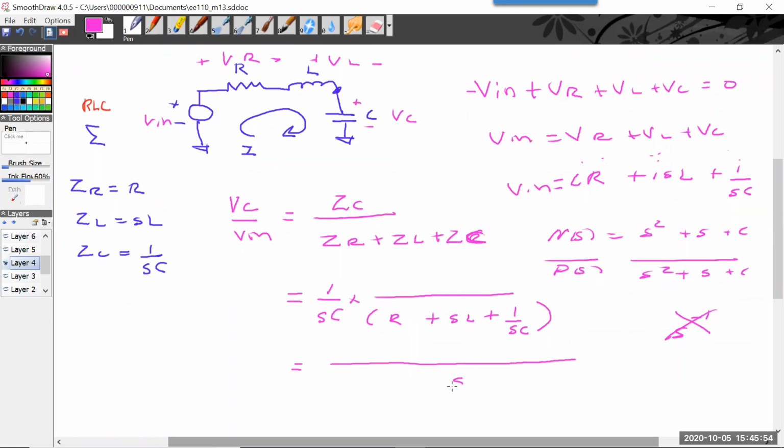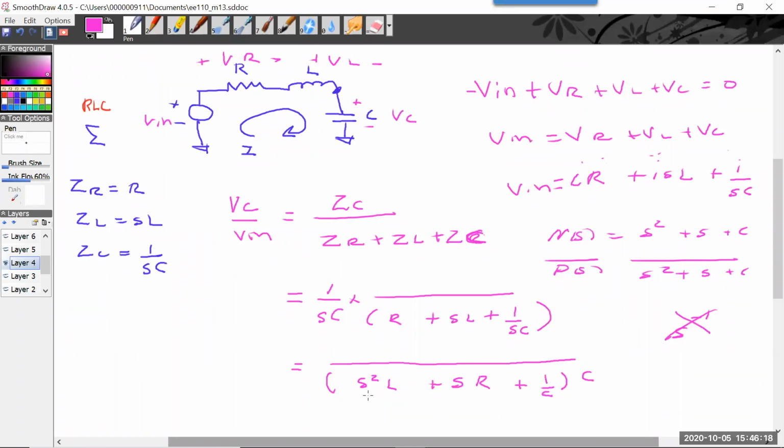And slightly rearrange the terms. So now it is in descending polynomial format.